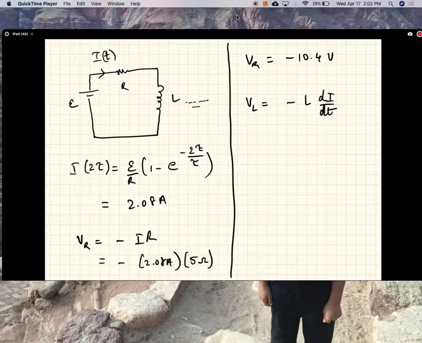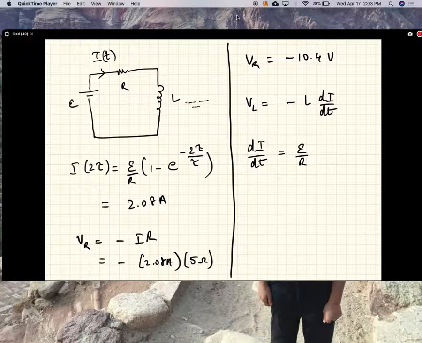So we have to find that, and let's do di by dt. We're taking the derivative of this expression with respect to t. The derivative of the first term is 0. From the second term you get 1 over tau.